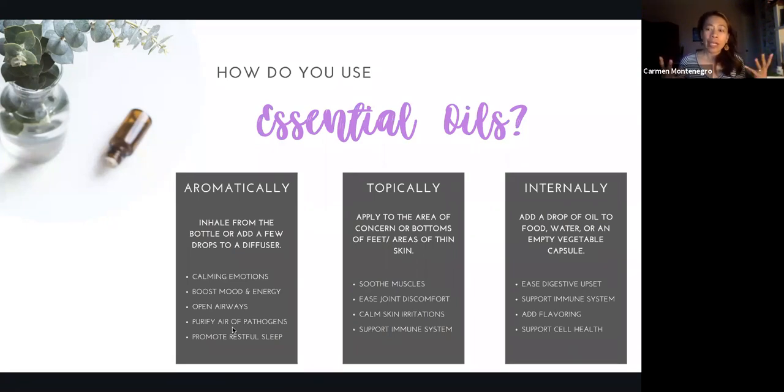So when you put citrus oil in your drink, make sure you are using a glass or stainless steel water bottle. The good thing about citrus oil is it helps clean your blood. Therefore, it also helps with metabolism and with maintaining weight loss. So it's very good for detox as well.